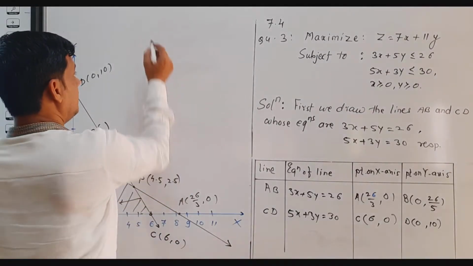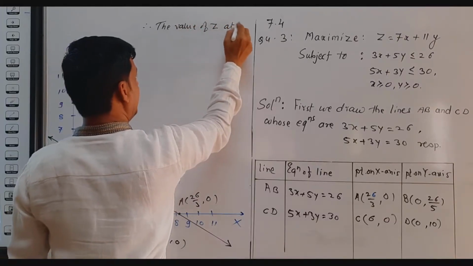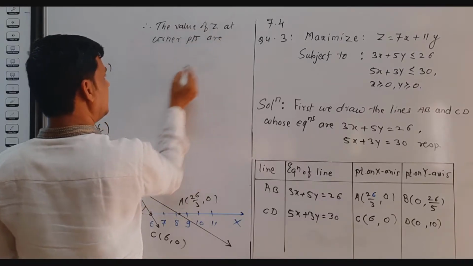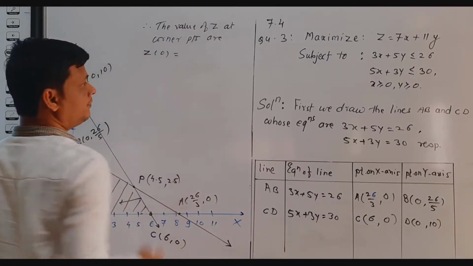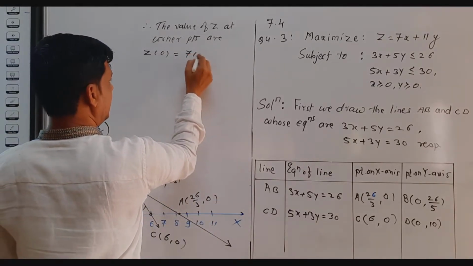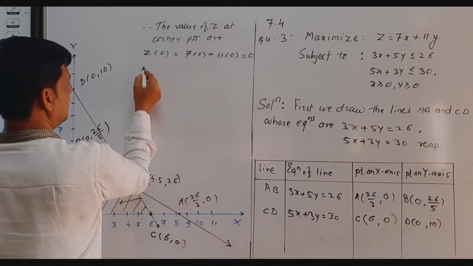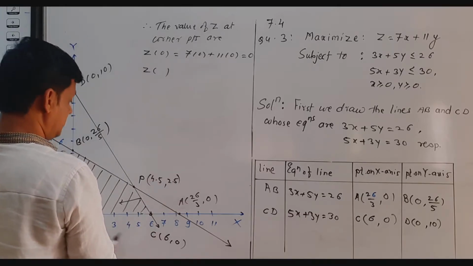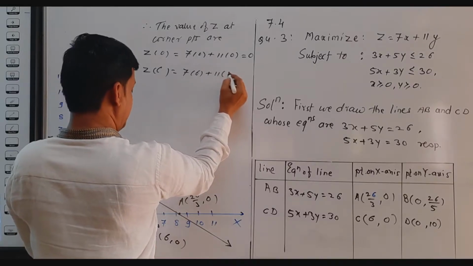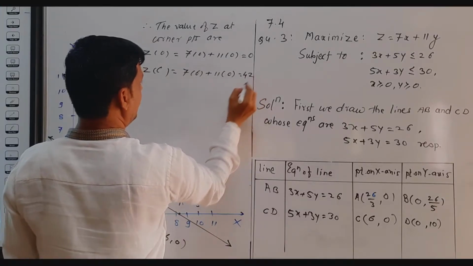Therefore, the value of z at corner points are. First we find z of O. So when we replace x by 0, y by 0, so 7 into 0 plus 11 into 0, we get 0. Then we have to find z of C, that is equal to 7 into 6 plus 11 into 0, which is equal to 42.